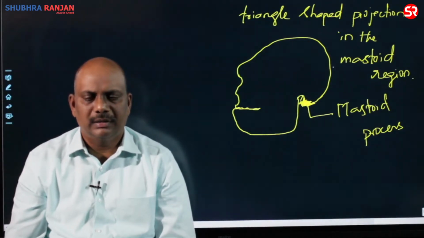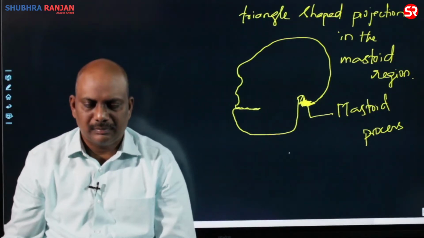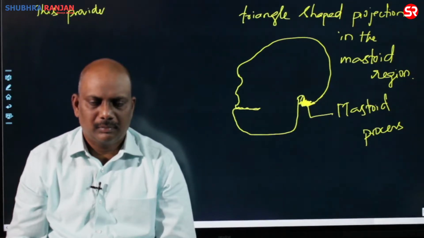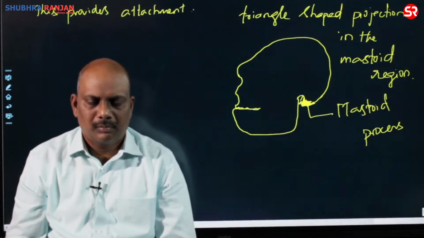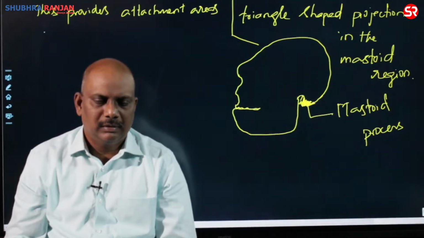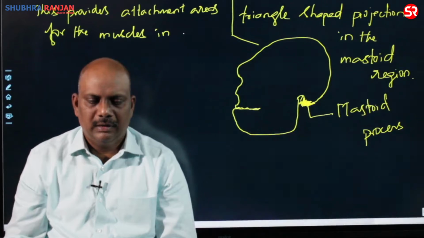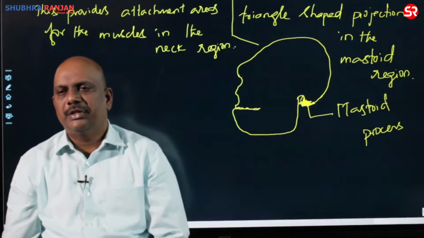In the mastoid region. This provides attachment areas for the muscles in the neck region.